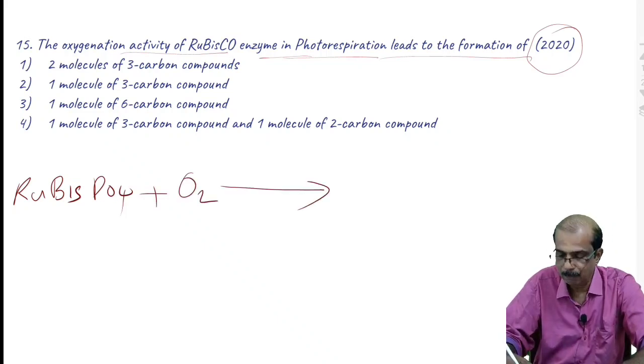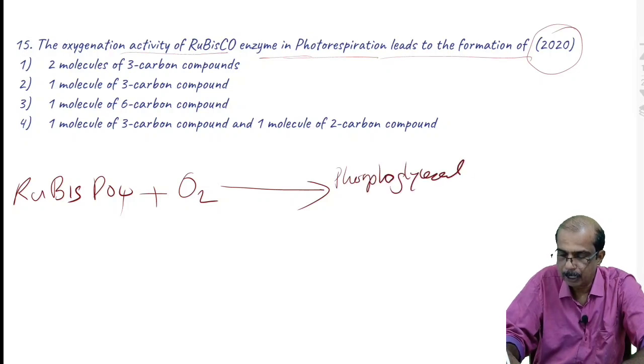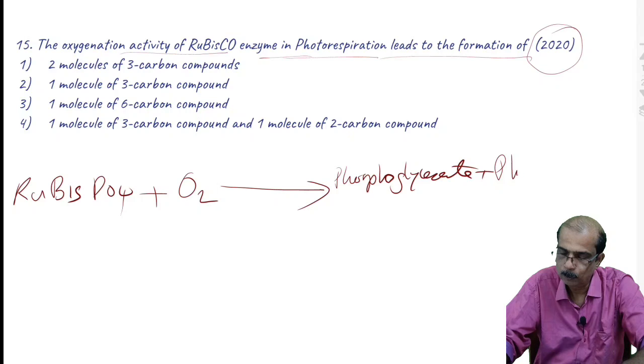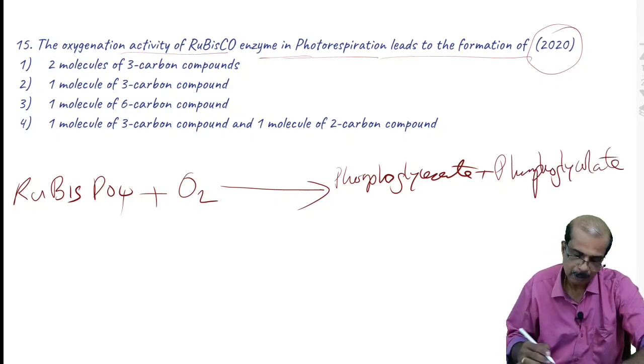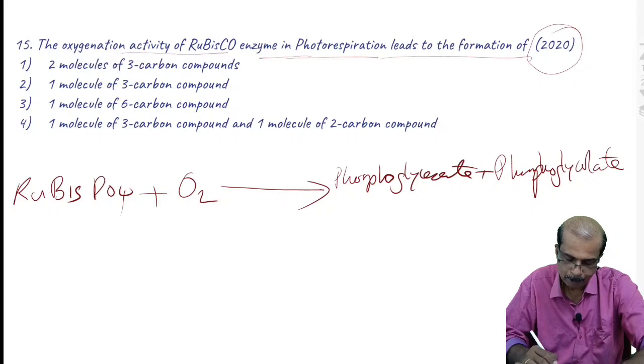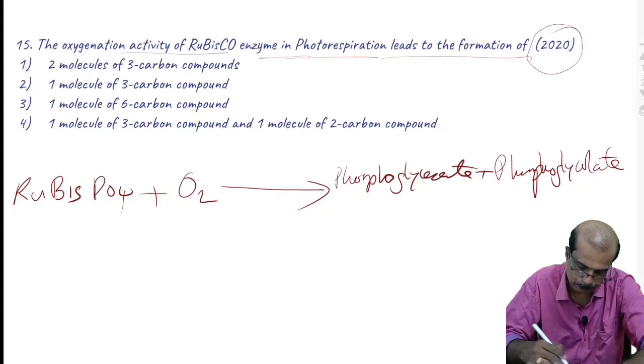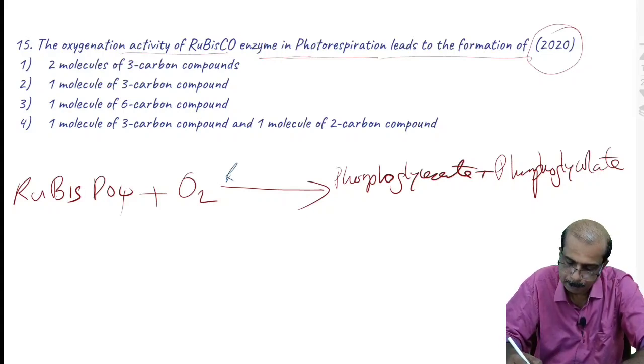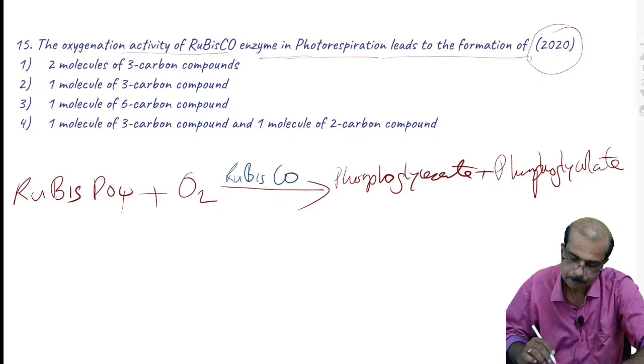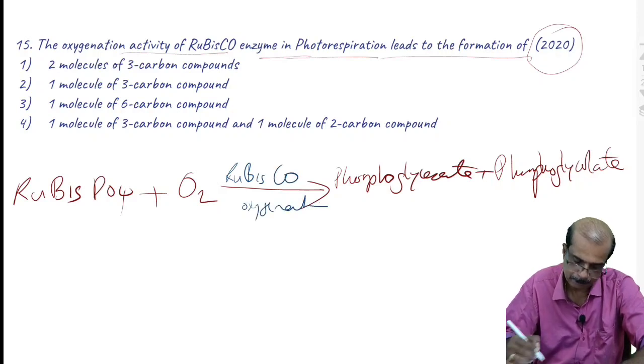The products are phosphoglycerate and phosphoglycolate. Here the enzyme is Rubisco, and oxygenation is the reaction.